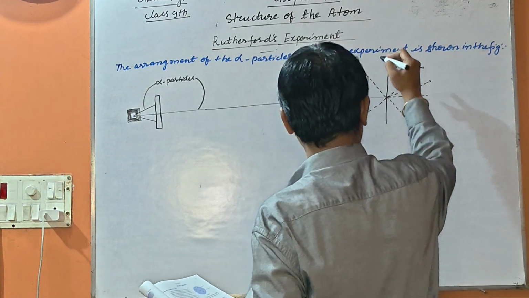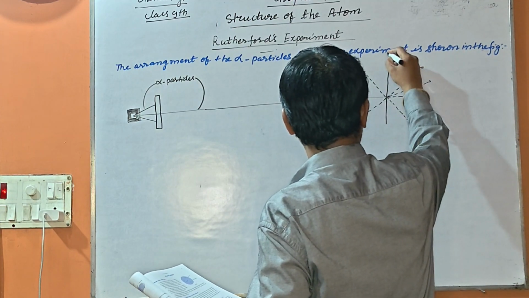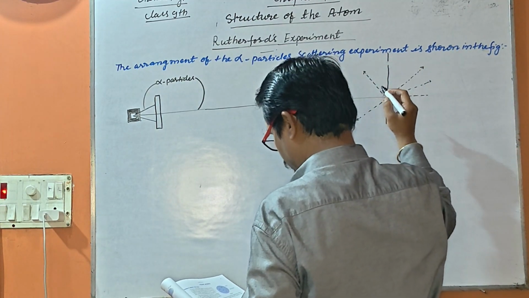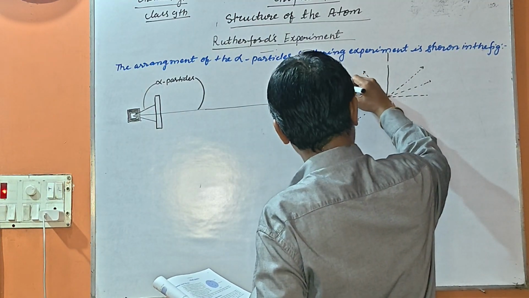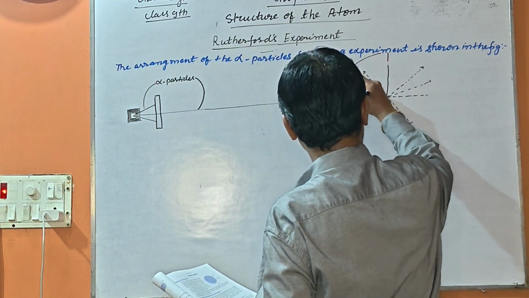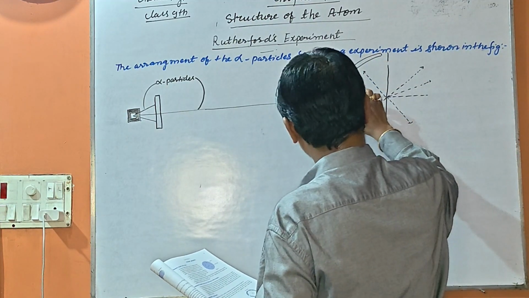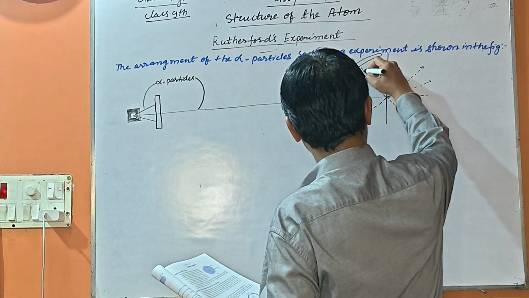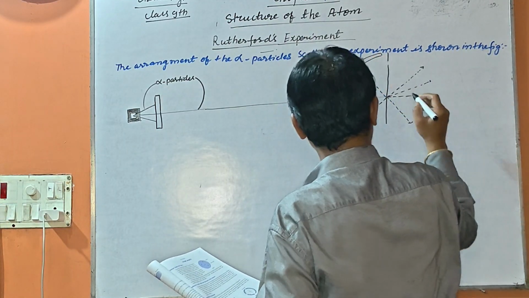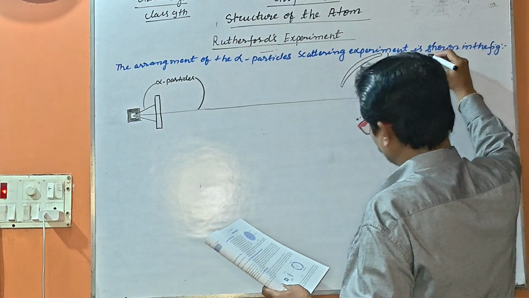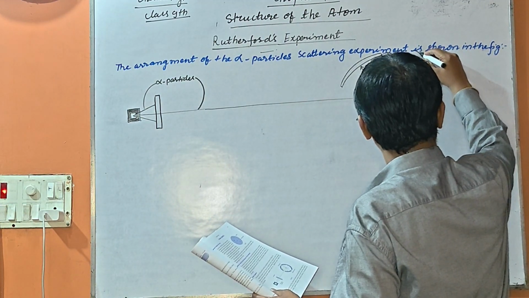In the alpha particle radiations there is a diagram, I can draw it here, from the NCERT books. The diagram should be like this.